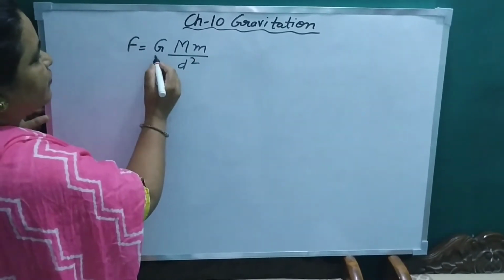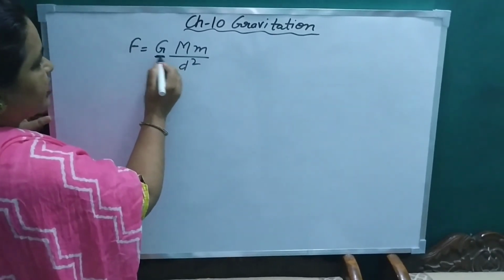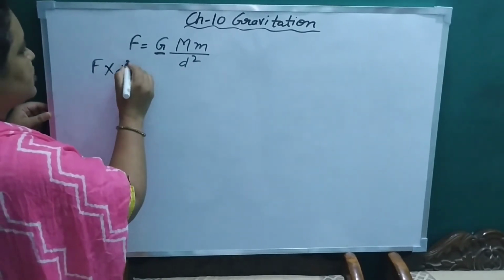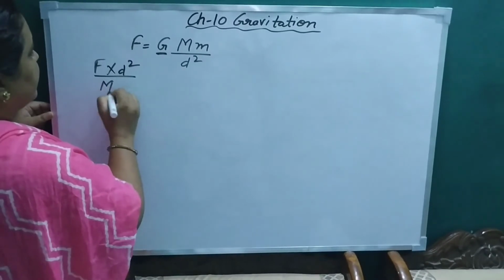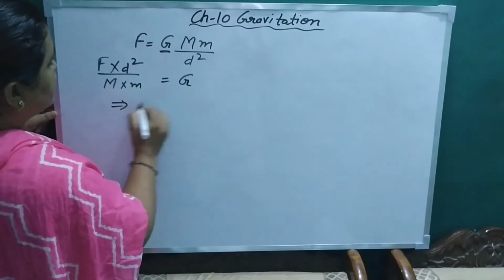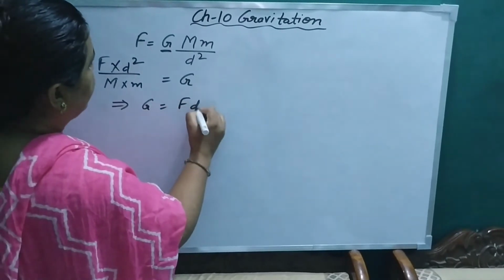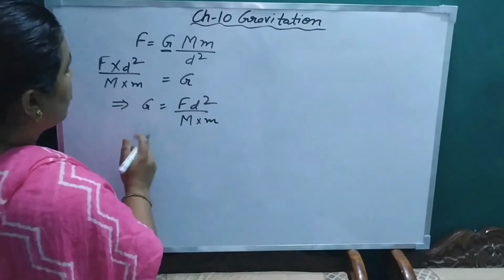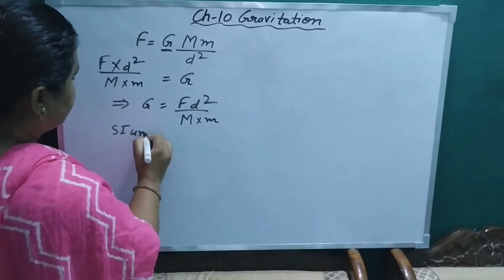Now we find the SI unit of the gravitational constant. Cross multiplying, F into d square upon M into m is equal to G. So G is equal to F d square upon M into m.